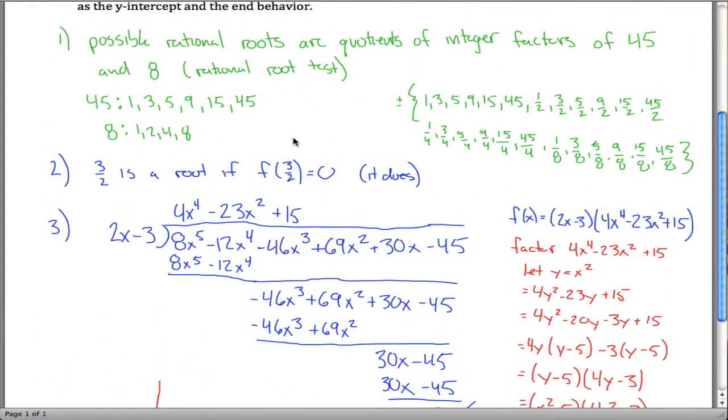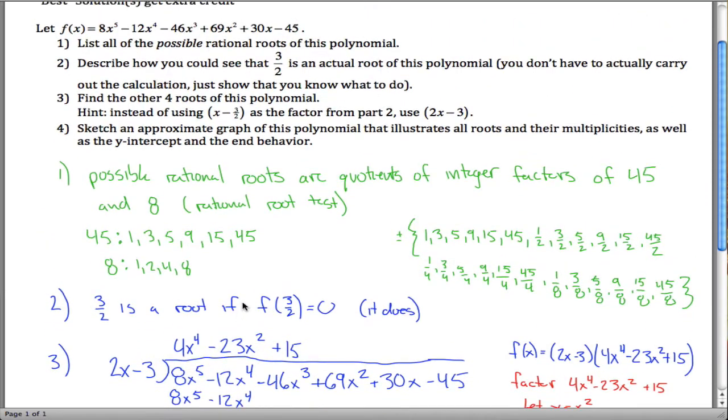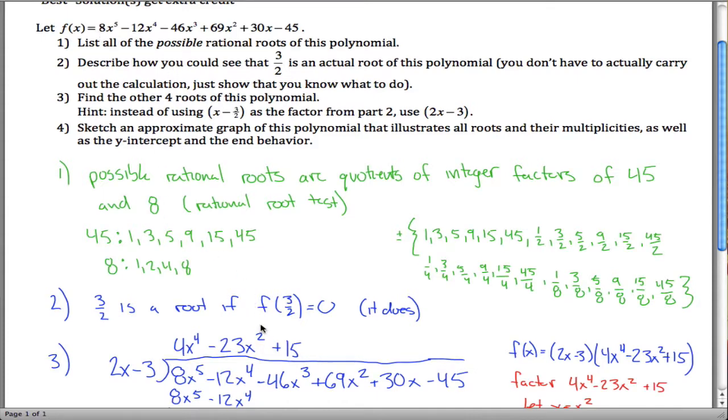They all have multiplicity 1, so I'm going to cross over the axis at those points. The y-intercept is negative 45, because when x equals 0, f of x equals negative 45. The end behavior, when I go to the right, I go up, and when I go to the left, I go down, because this number is positive and this exponent is odd.